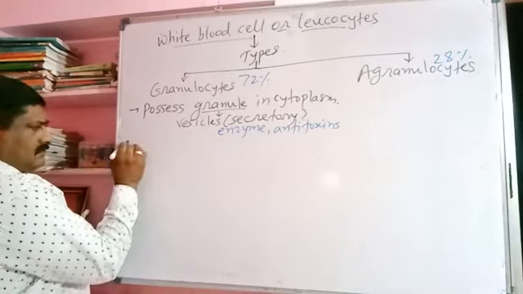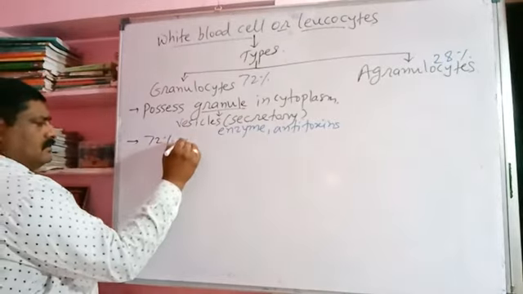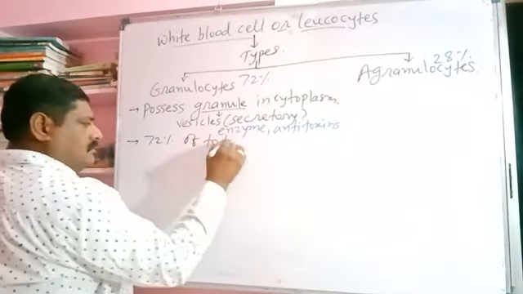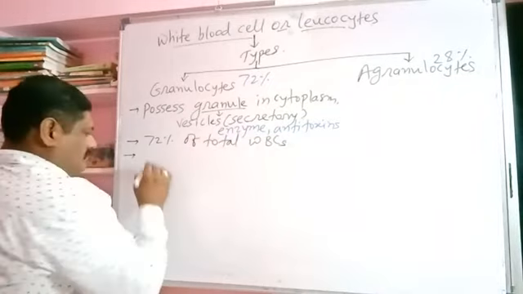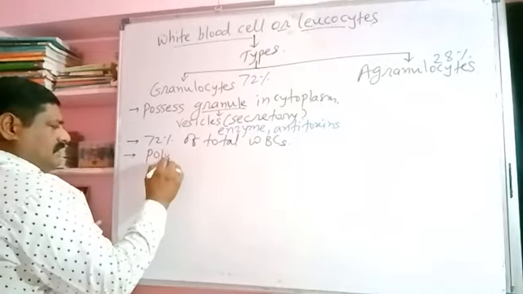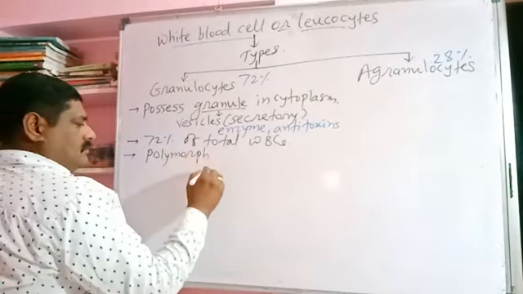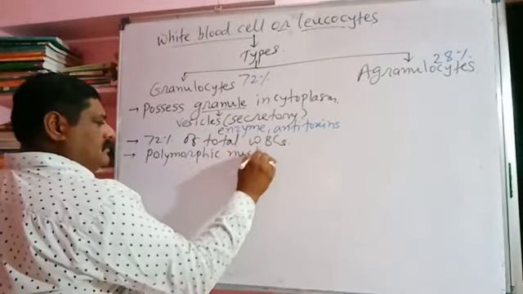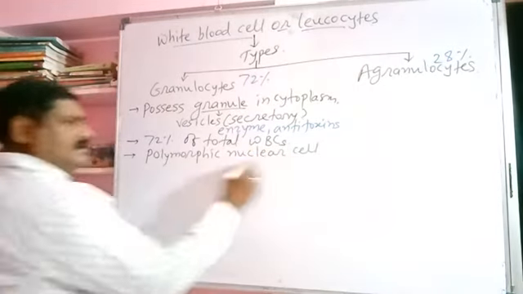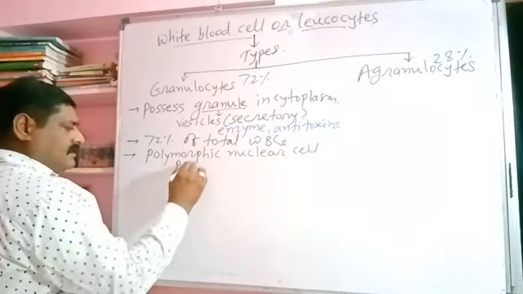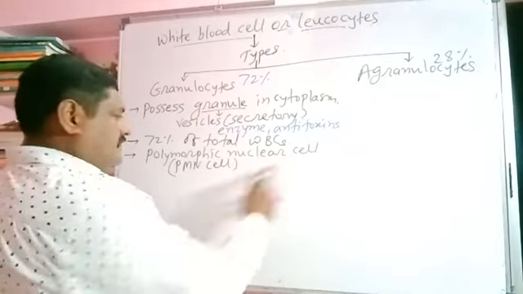Such granulocytes are about 72% of the total WBCs. These have different structure of nucleus. They are polymorphic nuclear cells, commonly called PMN cells. The nucleus is of different shape and size.